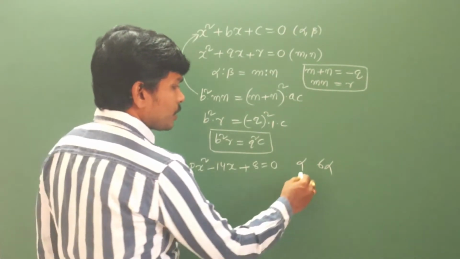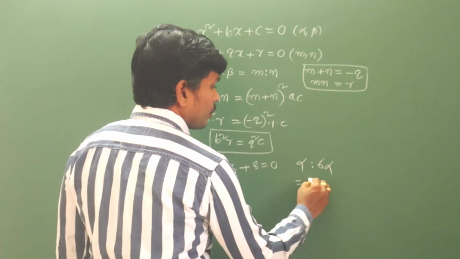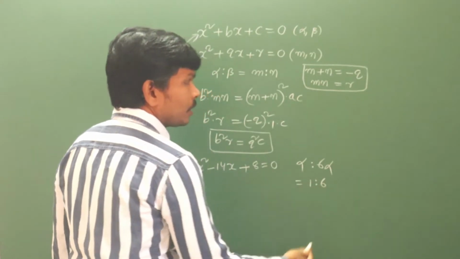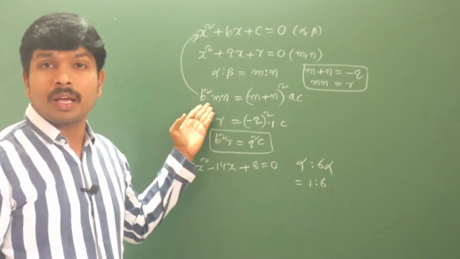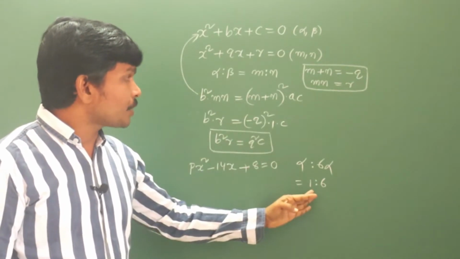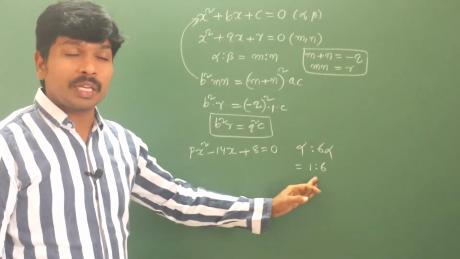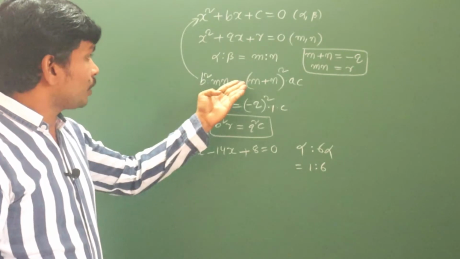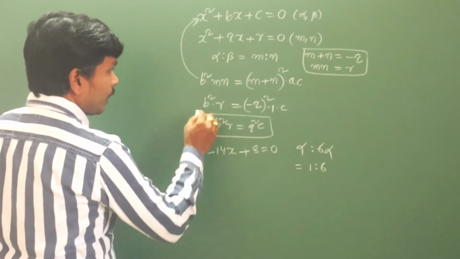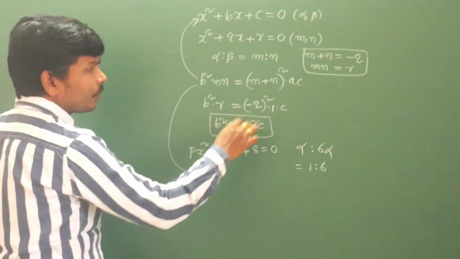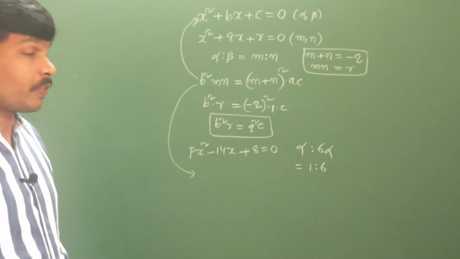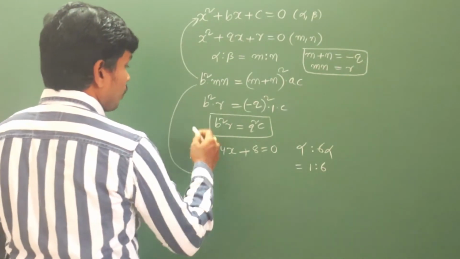So observe this ratio. What did you get as the ratio? 1 is to 6. Same formula: because the roots' ratio is given, definitely you have the condition b square mn equal to (m plus n) whole square into ac. What is your b value?